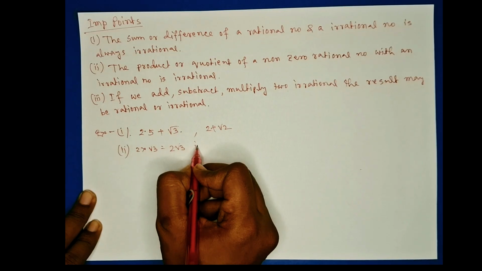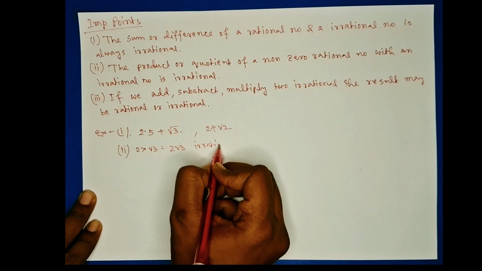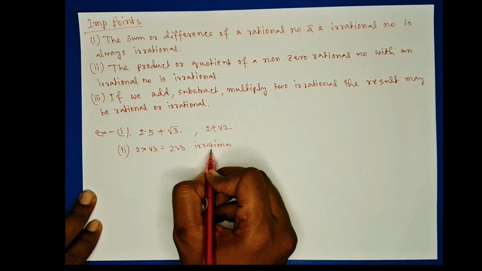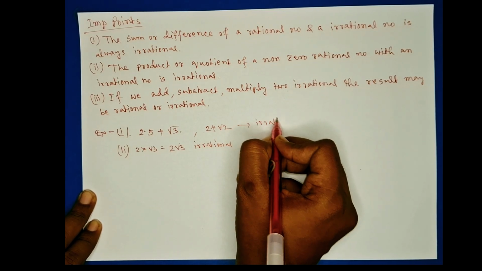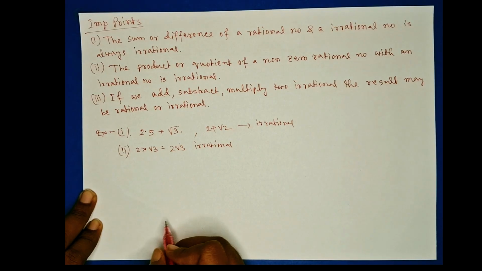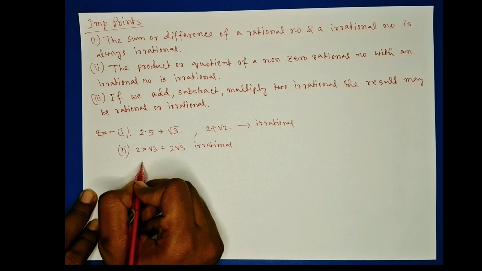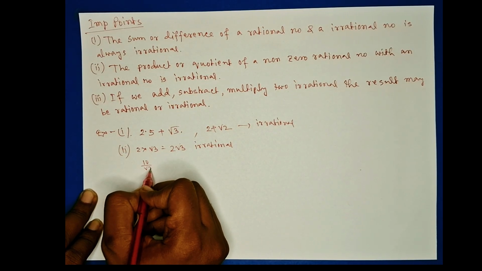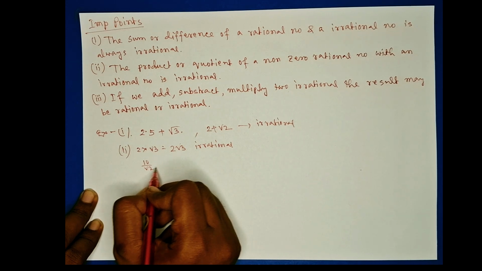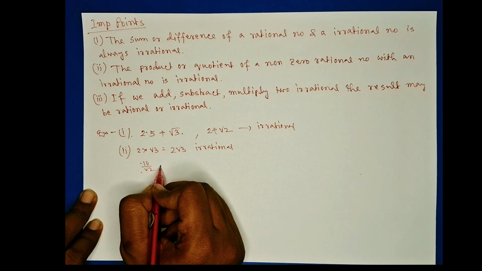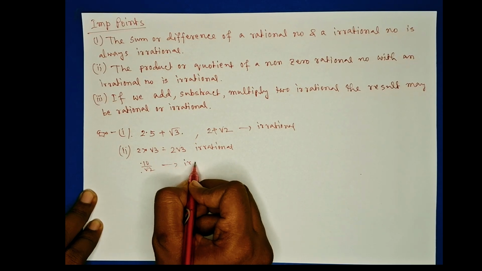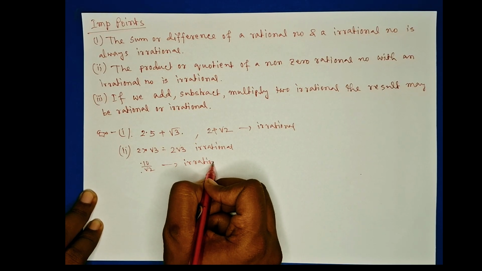This is irrational. These are also irrational. Suppose I take 10 by root 2. 10 is a rational number and root 2 is irrational. So this will also be irrational.